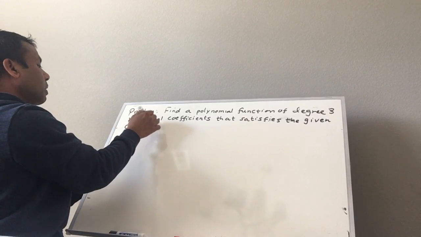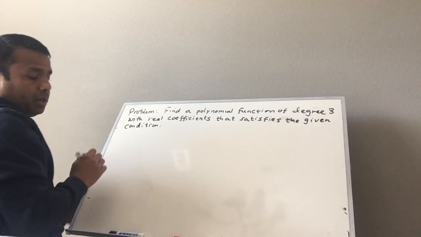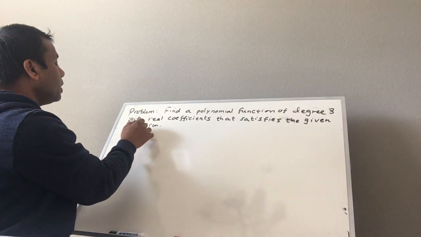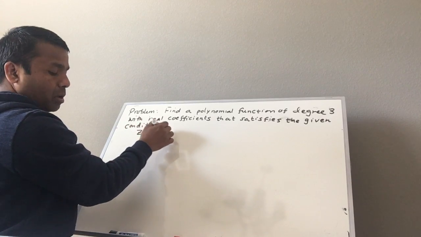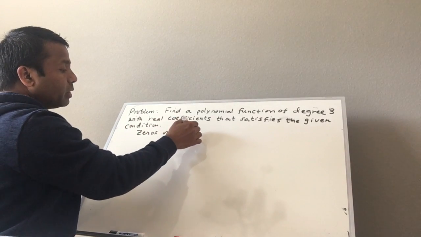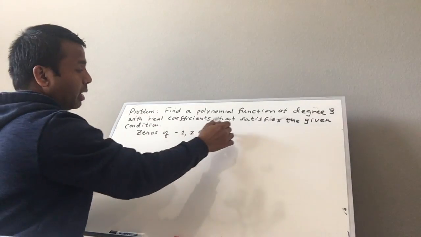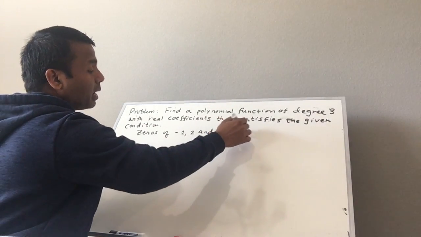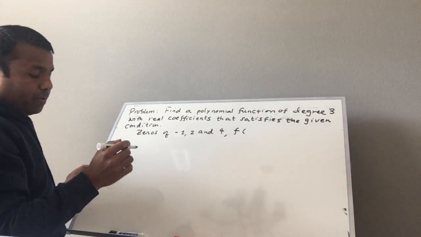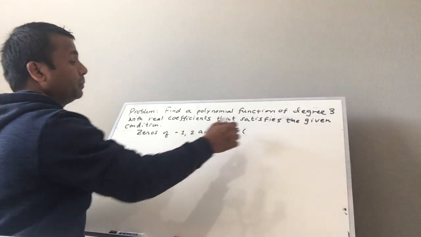Okay, so what is the given condition? The given condition is zeros of negative 1, 2, and 4, and f of 1 equals 3.